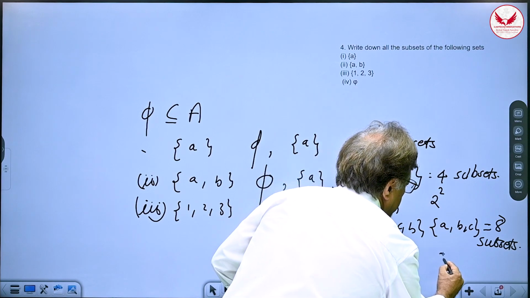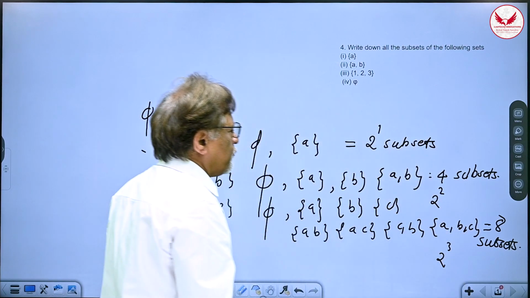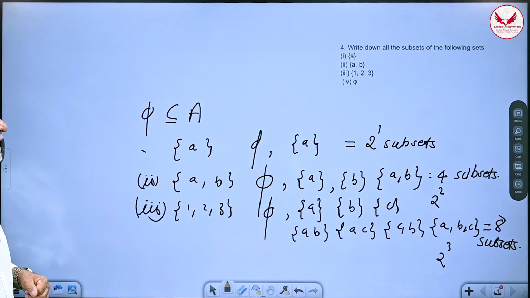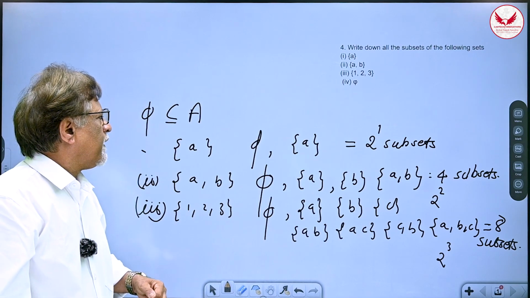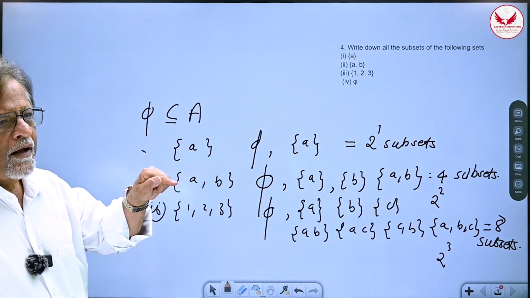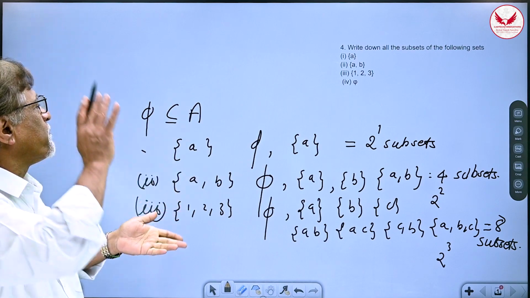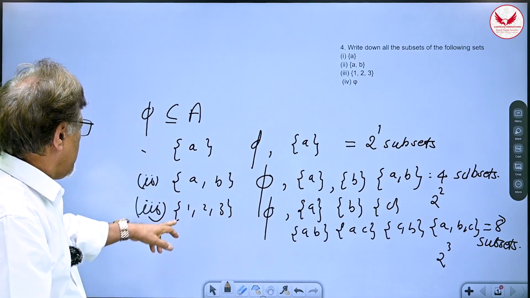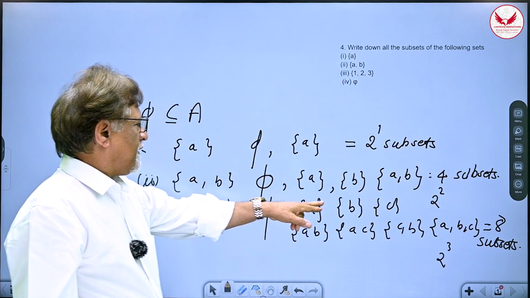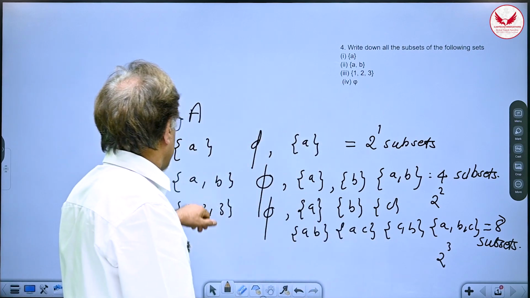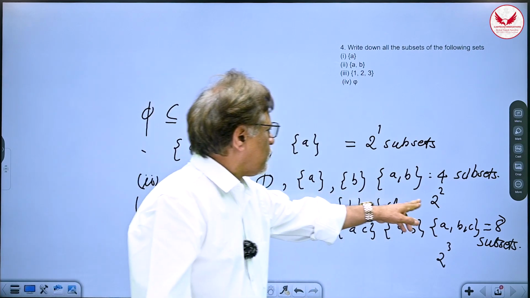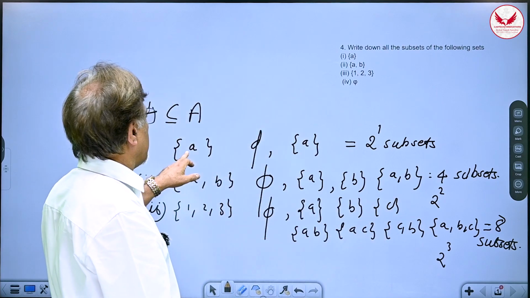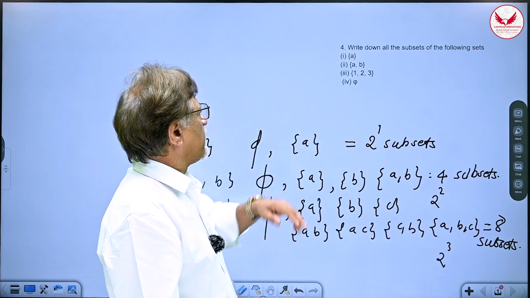And 8 means what? 2 raised to 3. So it's very clear that every set containing n elements has got 2 raised to n subsets. Because this set has 3 elements, it has got 2 raised to 3 subsets. This set has 2 elements, it has got 2 raised to 2 subsets. And this set has 1 element, it has got 2 subsets.